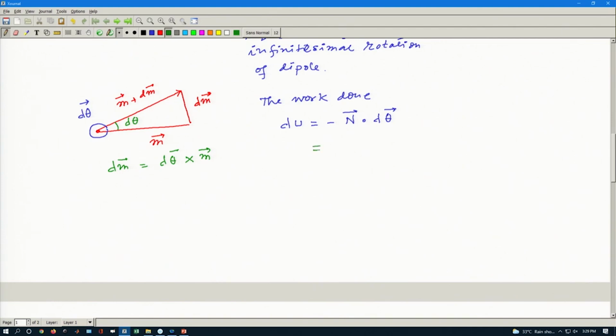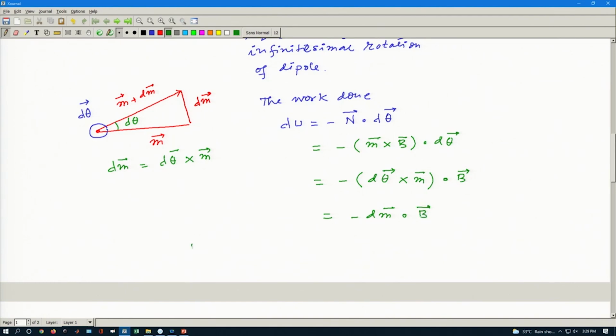I can write N as M cross B, dotted with d theta, and using the identity A dot B cross C equals B dot C cross A equals C dot A cross B, I can write this as minus d theta cross M, and then dot B. This quantity is my dM dot B. So this is dU.